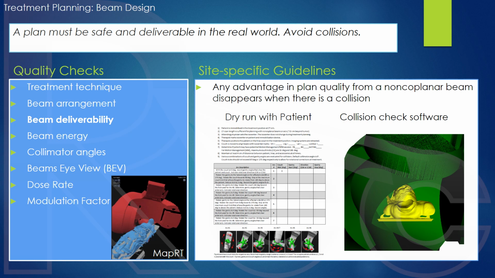These technologies might even be used during treatment to watch out for collisions. Whenever possible, you should evaluate collisions upfront in treatment planning and give the treatment planner this information so that from the get-go, they're creating a high-quality treatment plan using the best available beam arrangement, which is safe and deliverable.